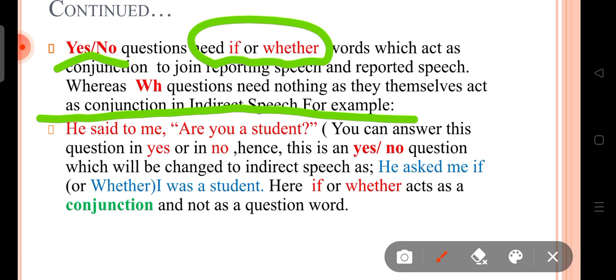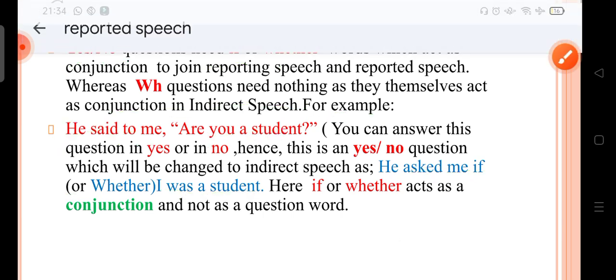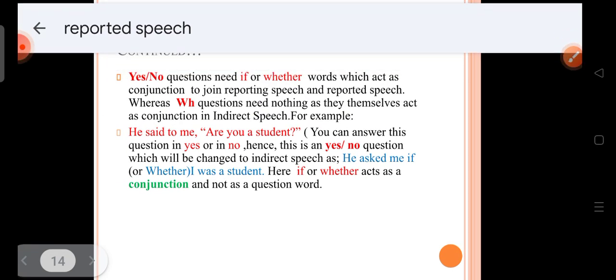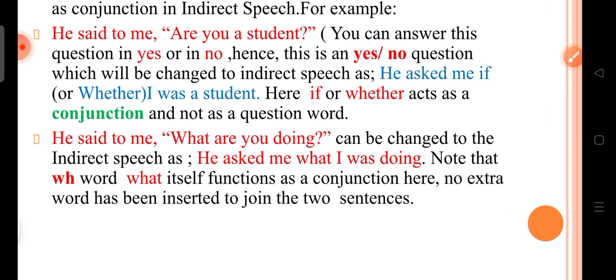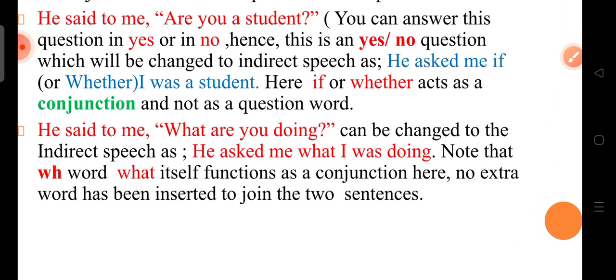Here, look at the example given here. He said to me, "Are you a student?" This is a yes or no question. He asked me if I was a student or whether I was a student. Next, if there is a WH question: he said to me, "What are you doing?"